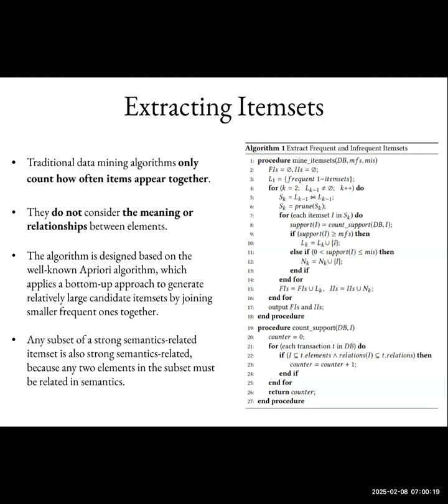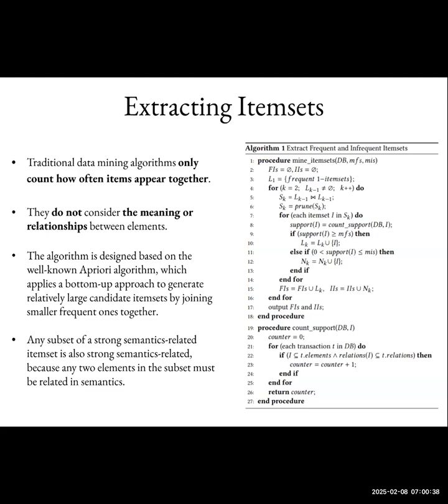In our case, if, for example, alloc netdev, free netdev, and kfree are semantically related, then alloc netdev and free netdev must also be semantically related, and free netdev and kfree must also be semantically related.